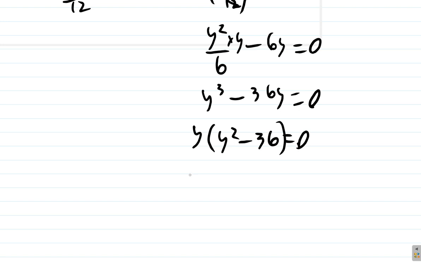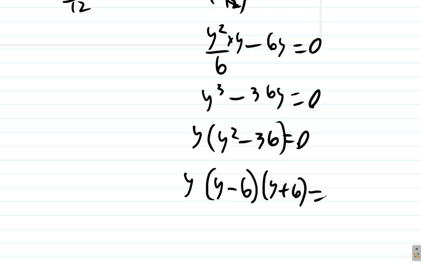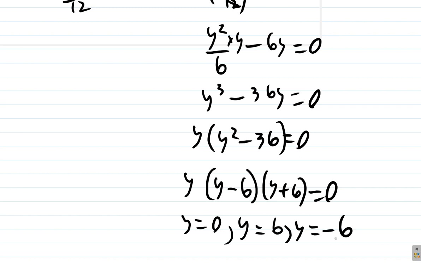We're going to have y, and then y minus the square root of 36, which is 6, y plus 6 equals 0. So there are three possible values of y here. y is going to be 0, y is going to be 6, y is going to be negative 6. Those are the three possible values of y.